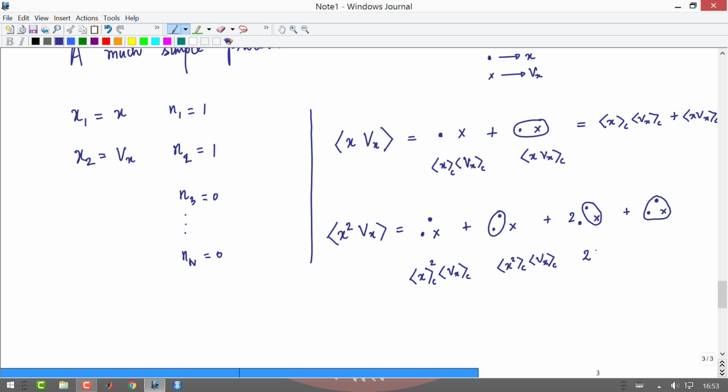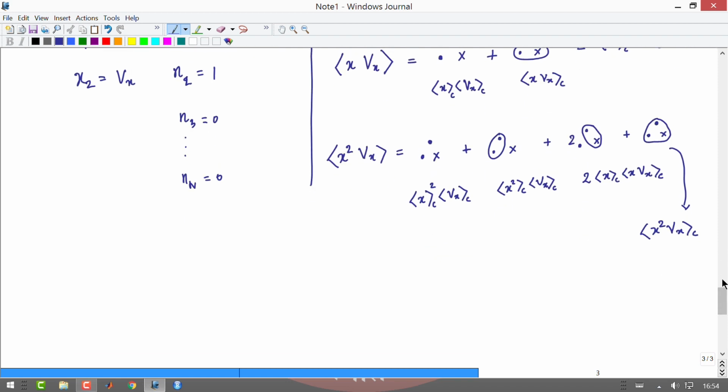The third combination is 2 times, and the fourth combination is written here. That is basically the value for the joint moment of x square and vx.